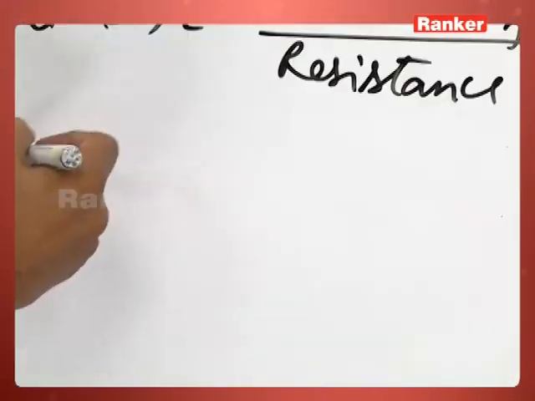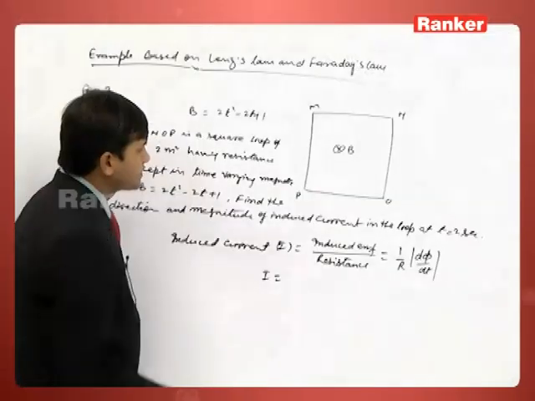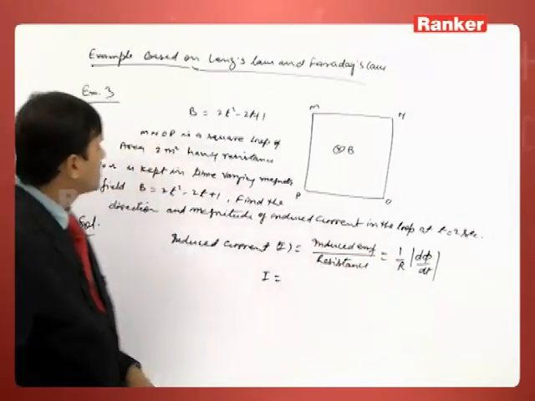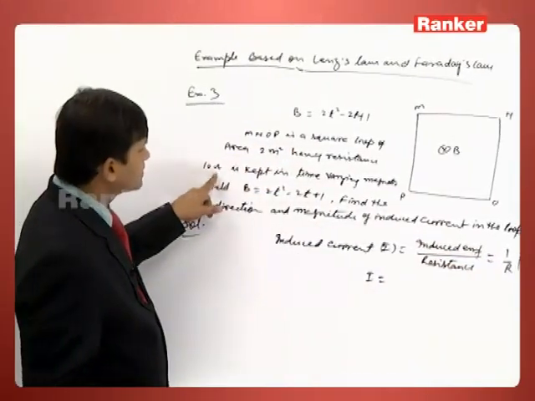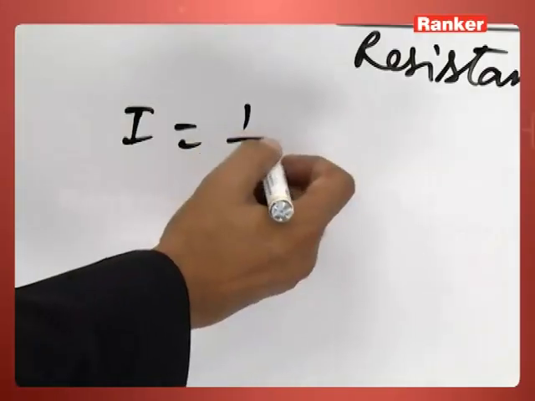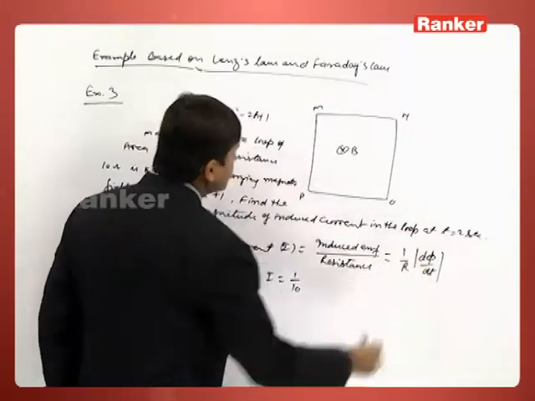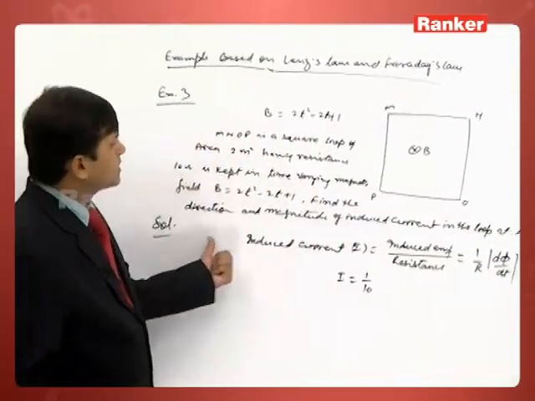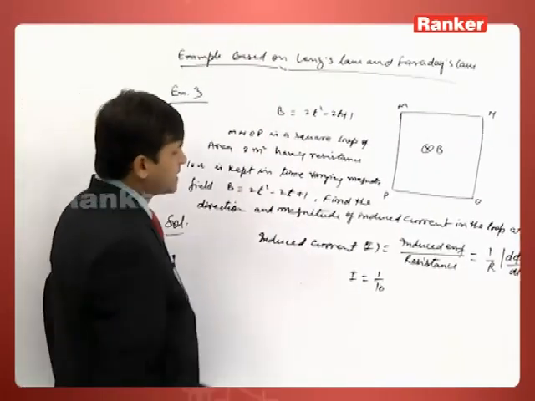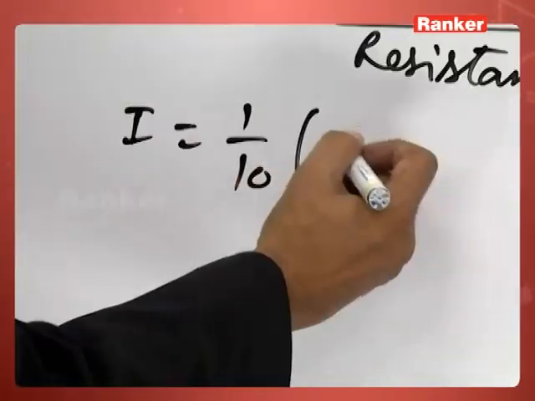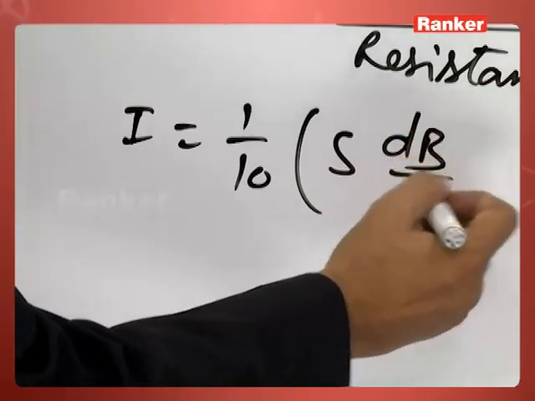See here, I is equal to 1 by R, the value given is 10 ohm, so 1 by 10, and d phi by dt means area into dB by dt.